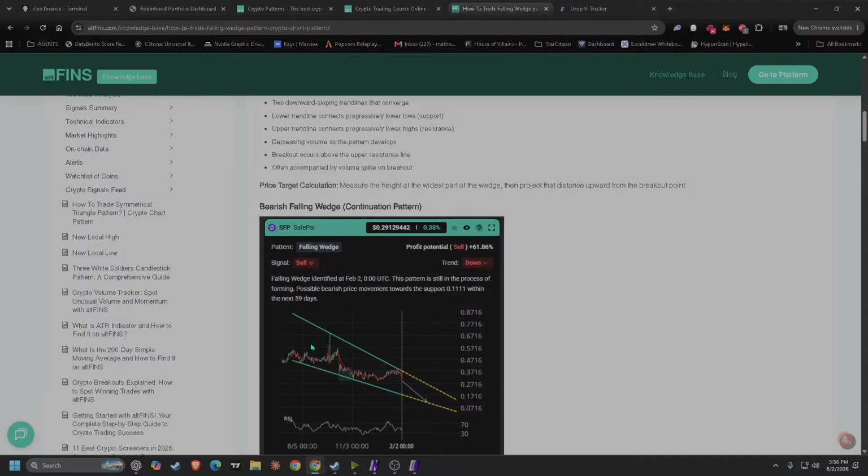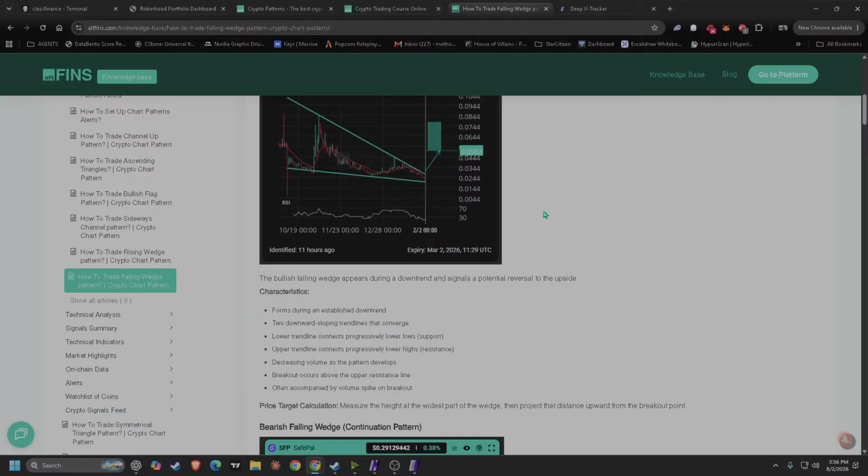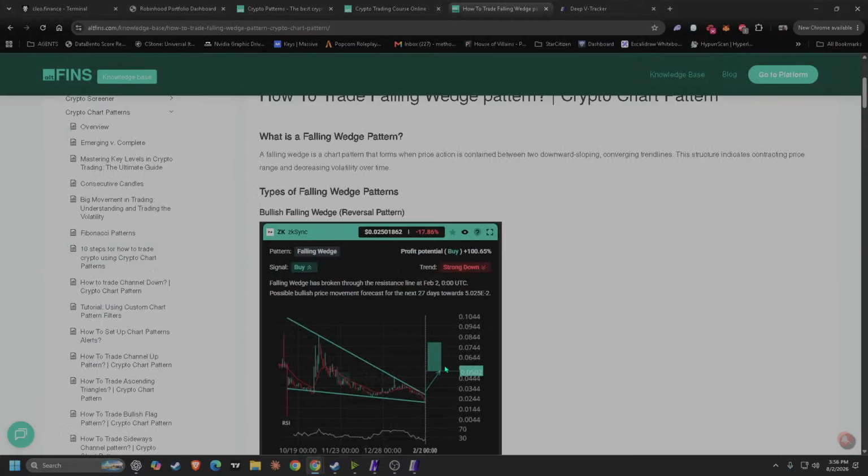Then here's a bearish falling wedge continuation pattern. So here we're saying it's going to stay in the wedge, and here we're saying it's going to break out of the wedge down, where it's a reversal back up.